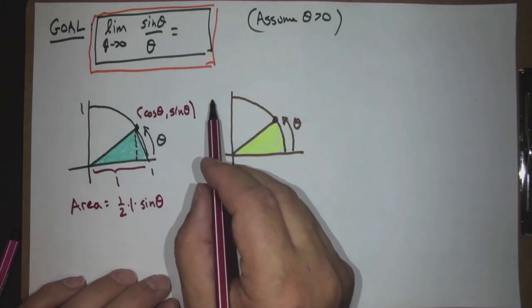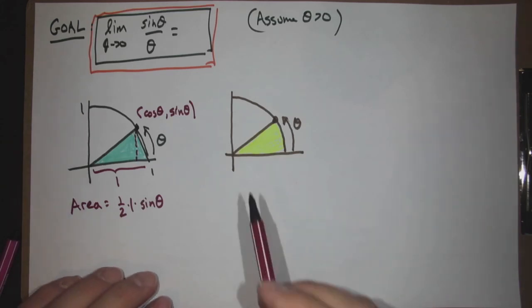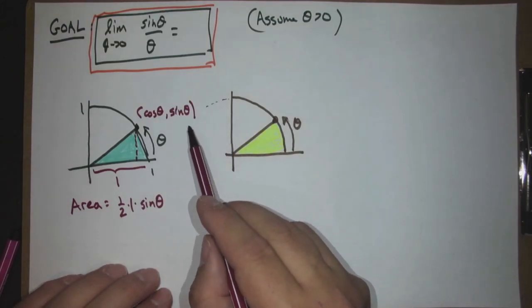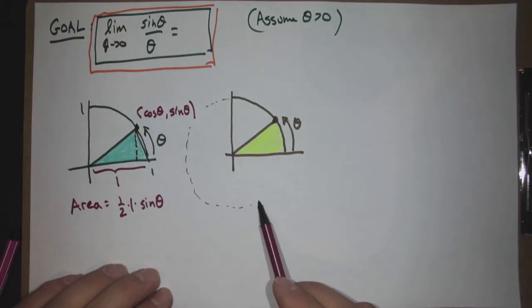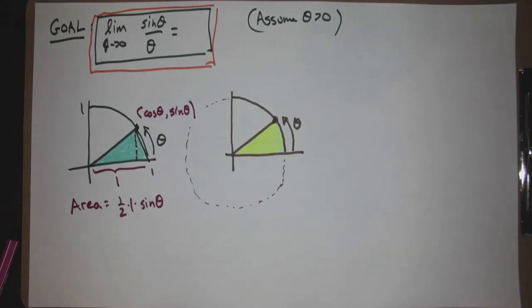So imagine that you had, or does anybody know the area really quickly off the top of their head? Is it pi, or wait, theta over 2 pi r squared? You're on the right track. Okay. So imagine it was the whole circle.